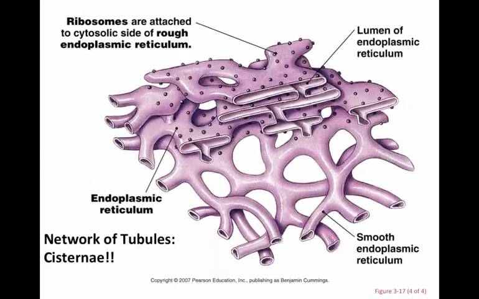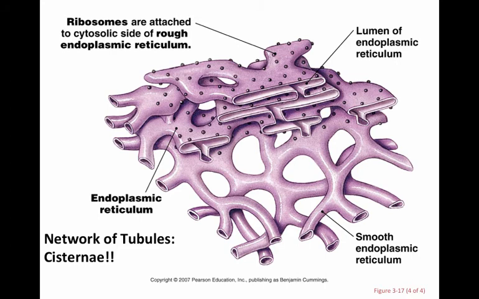Let's look at the structure of both smooth and rough ER, up close and personal. So this is smooth ER. Look how continuous it is. Look at this network. This network of tubules is called cisternae. Network of tubules, okay?